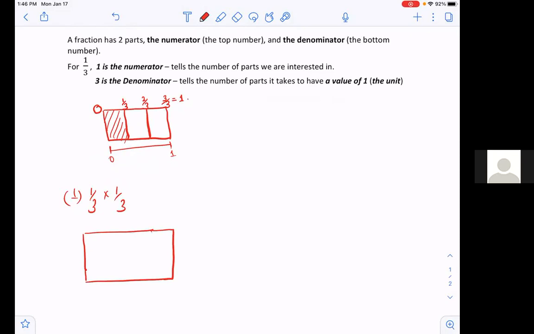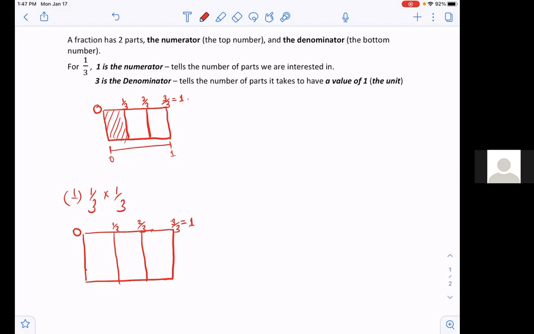And that means with the denominator, I'm supposed to partition horizontally this rectangular box into 3 equal parts. So if this is my origin, from 0 to the first partition, that will represent a third, 2/3, 3/3, which is equivalent to 1. 3/3, it's actually 1.